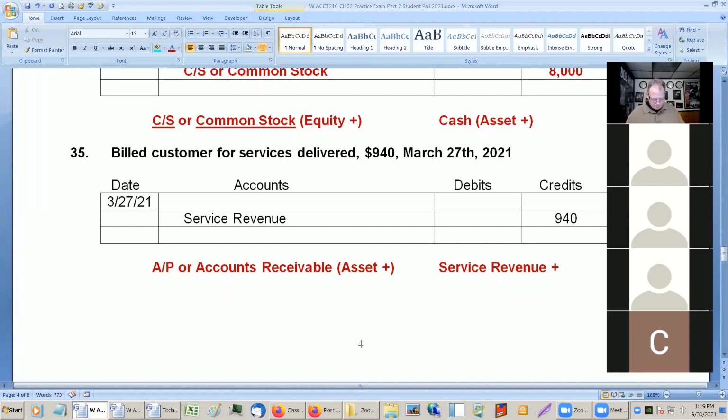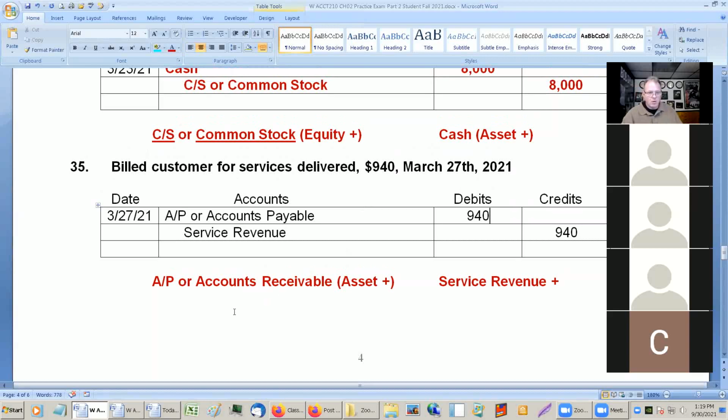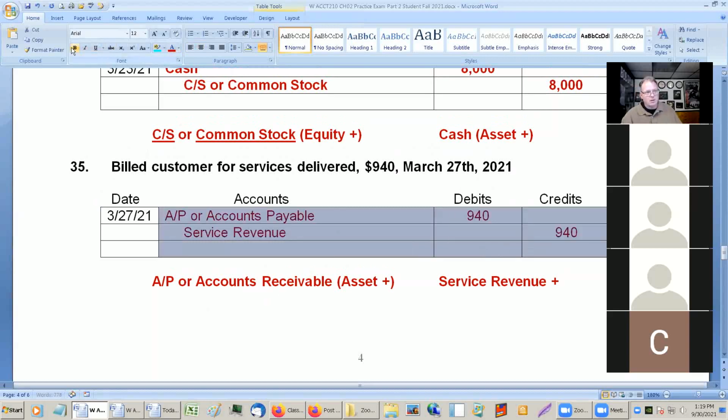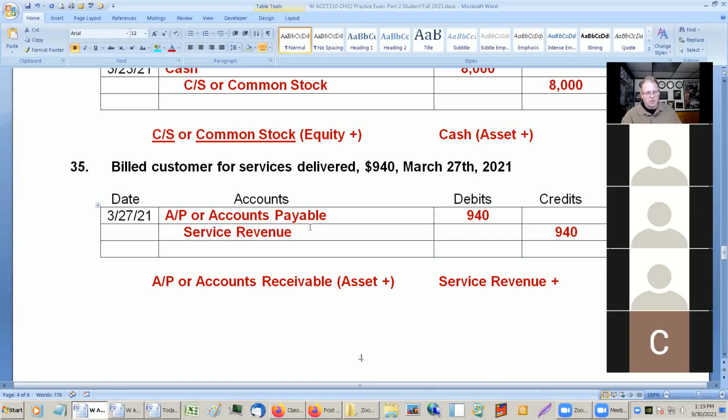Accounts payable. Shouldn't it be accounts receivable?